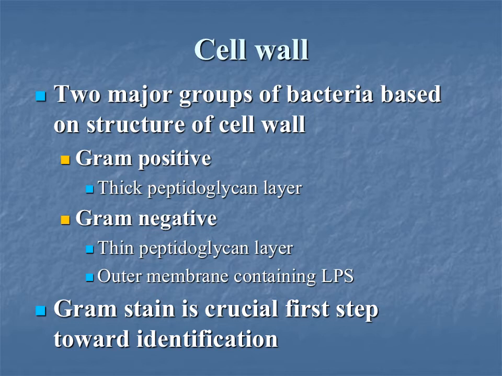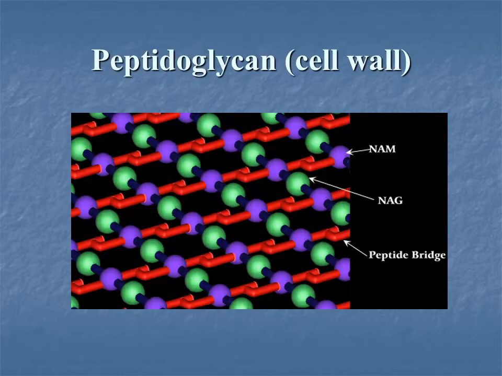Gram stain is a crucial first step towards identification. And on this slide you can see the structure, the scheme of peptidoglycan. Peptidoglycan contains N-acetylmuramic acid and N-acetylglucosamine connected to each other by peptide bridges.